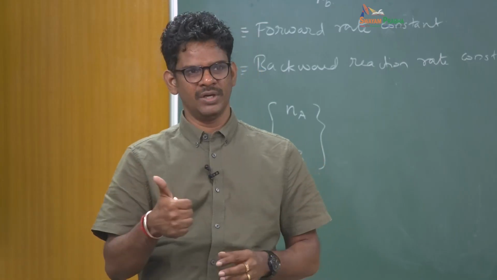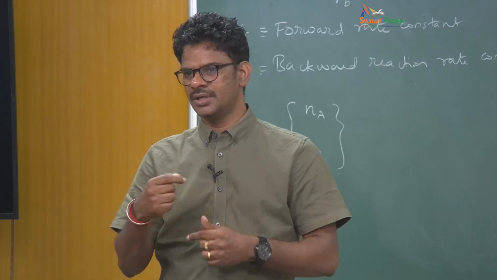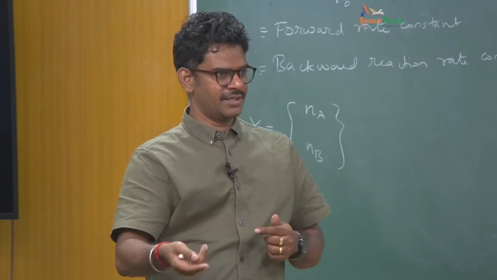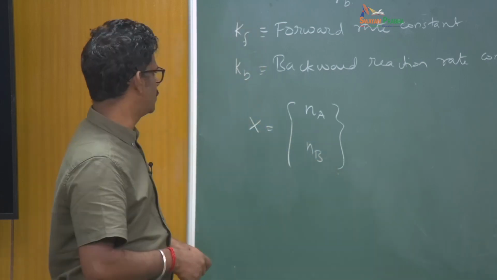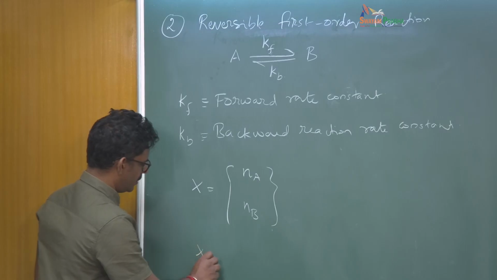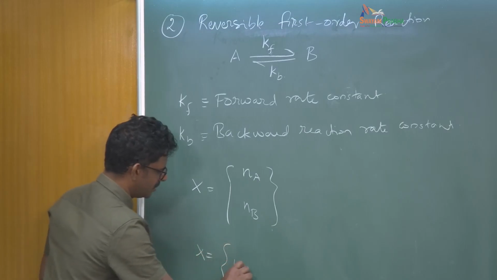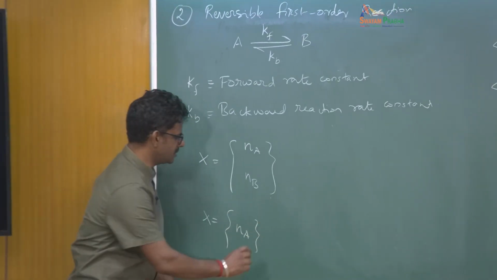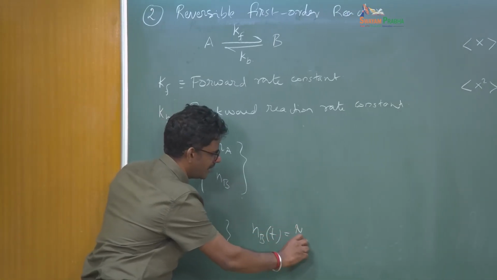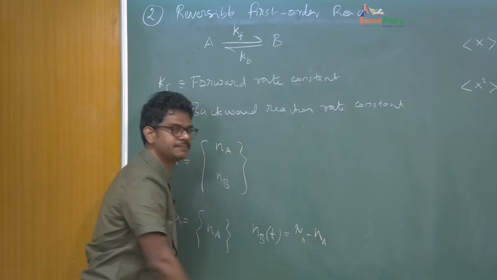We can just work with only one random variable and use mass balance to get the number of molecules of the other kind. Okay. So instead of looking at a two variable problem, we can think of our random variable as only Na, because at any point Nb will be N naught minus Na.